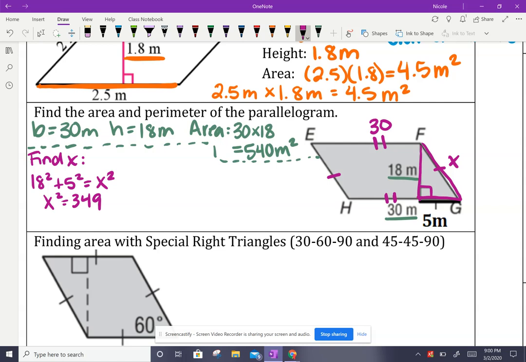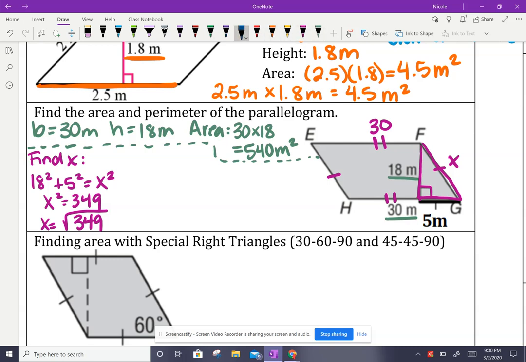I'm going to square root that. And that gives me x is equal to, let's just leave it as the square root. That'll be easier for multiplying things through, actually. You want to remember to take all of your decimals with you. So it might just be easier to leave it like that for now.